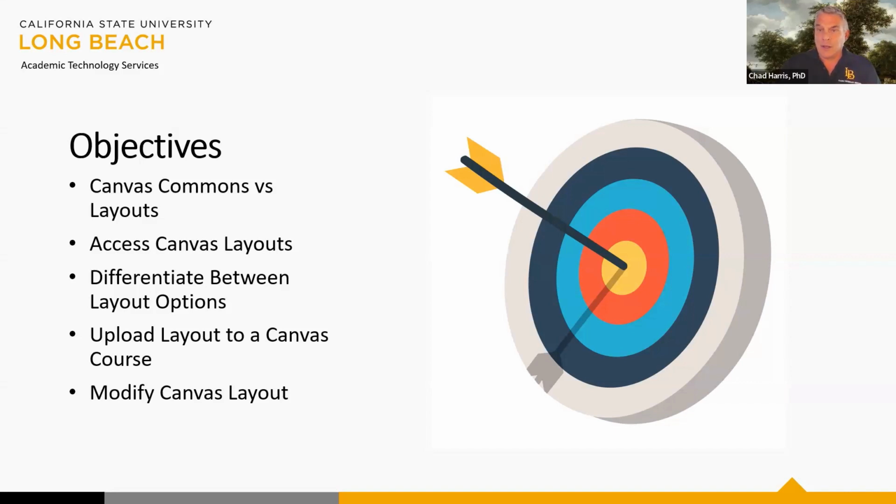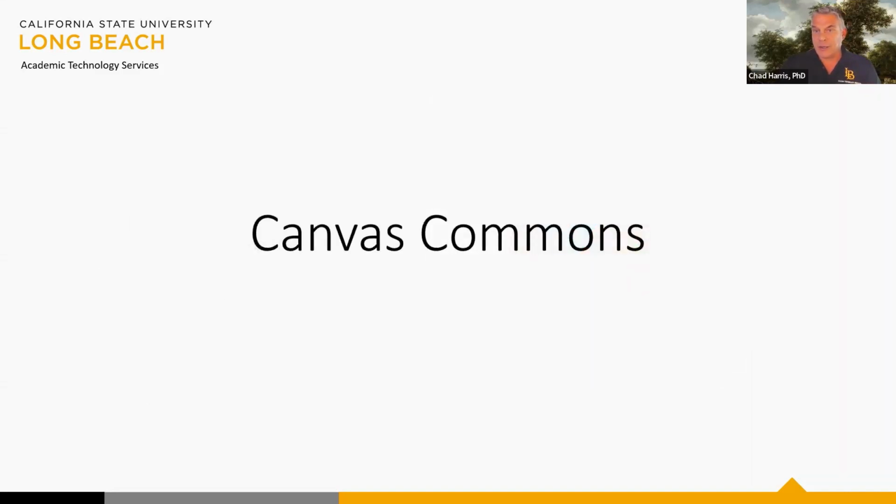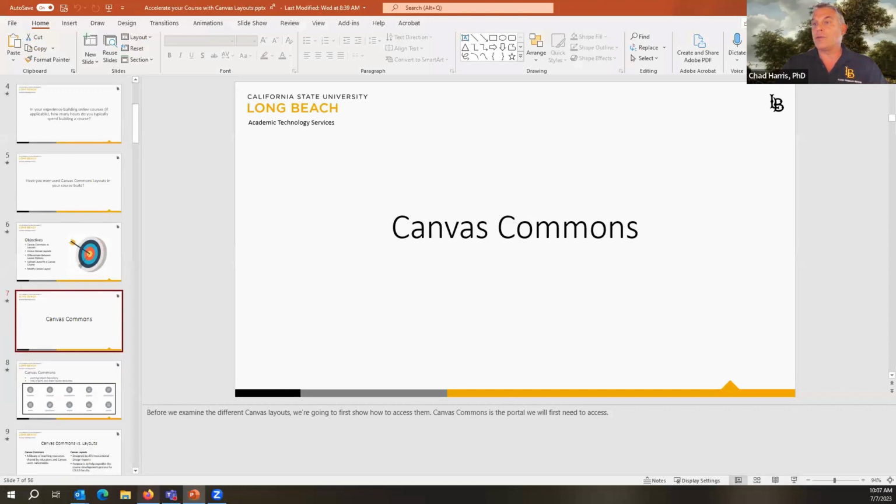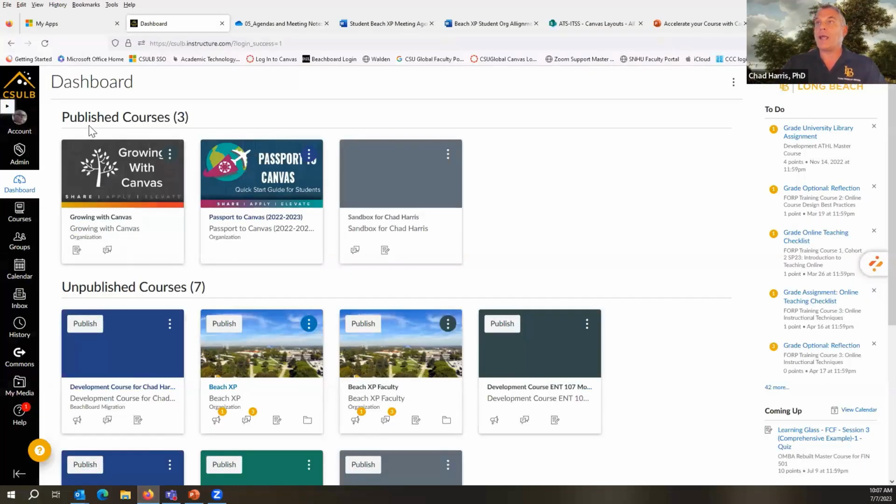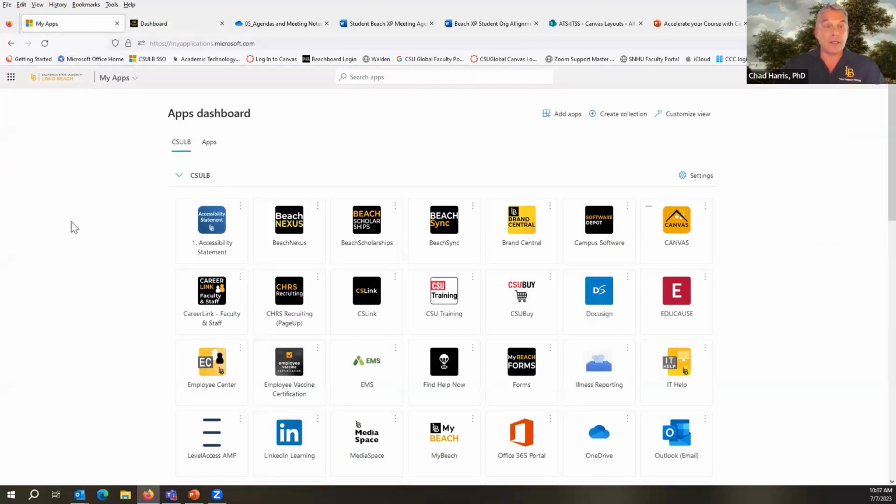Okay, so the next thing I want to do is actually show you the Canvas Commons. And I'm going to get out of my presentation just for a sec and show you, once you land in Canvas, and if you haven't been to Canvas before, you go through your SSO login, and there's a Canvas button right here.